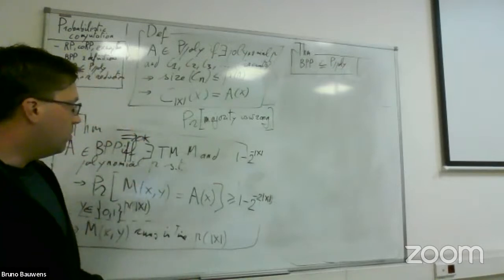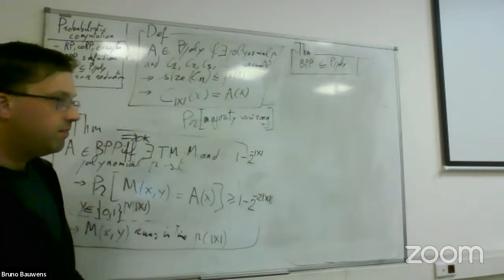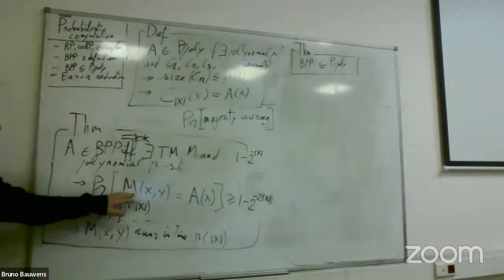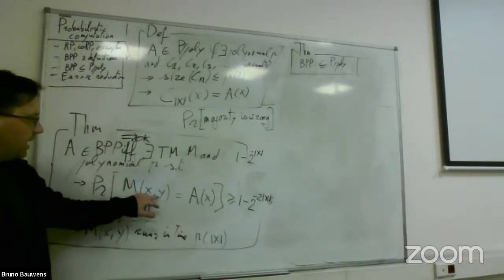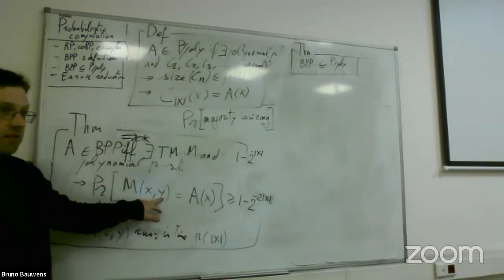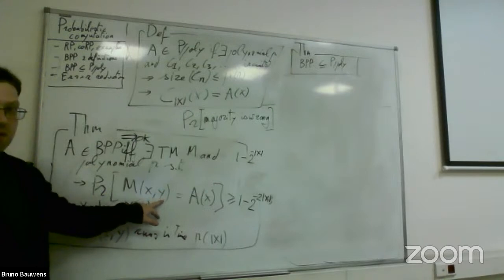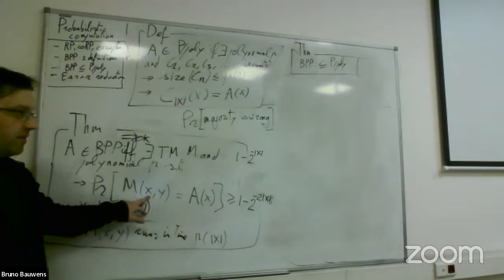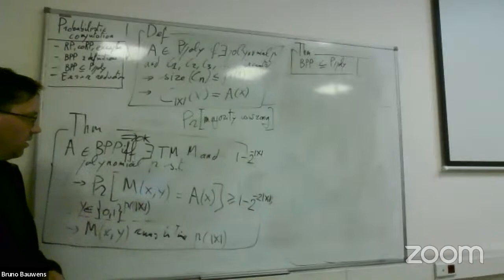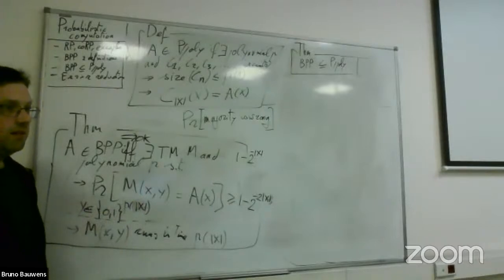Okay, so what will be the plan? We will build a circuit that simulates M and place in it a random y. Then with high probability, this will work for all inputs of a given length. Roughly speaking, we have fewer errors than inputs. Okay.